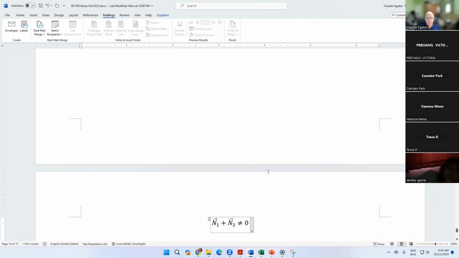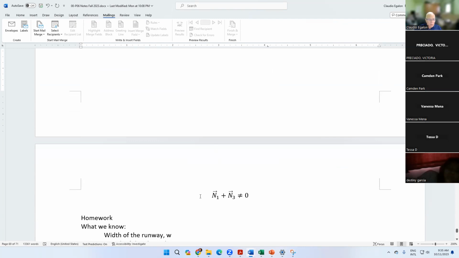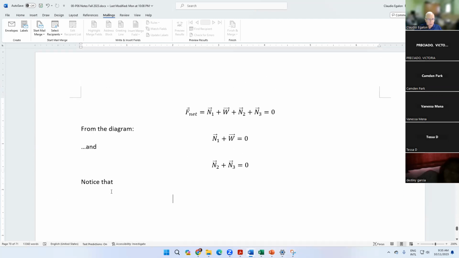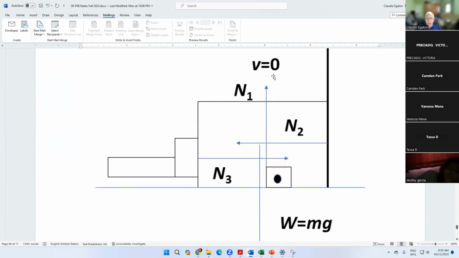Going back here, why is N1 plus N3 different from 0? And what happened here? Oh, I'm on the wrong page. Oh, see, good. Just look at the drawing. N1 is upwards, N3 is horizontal.